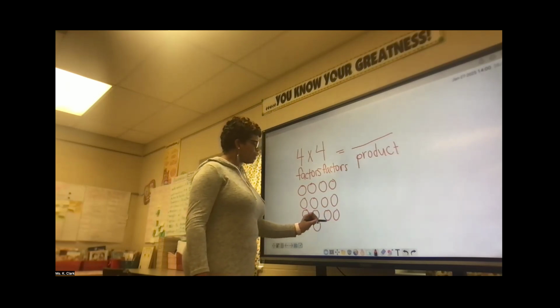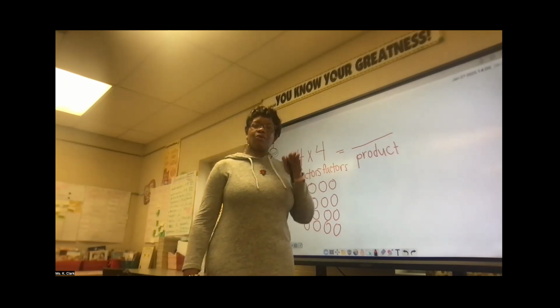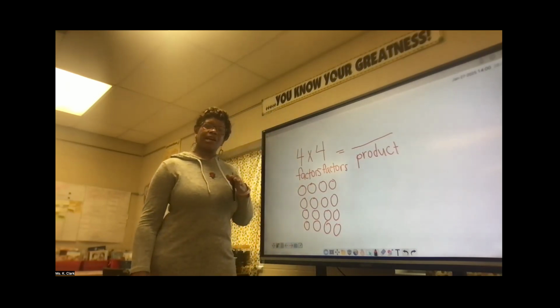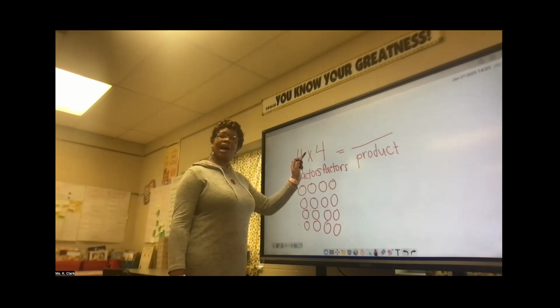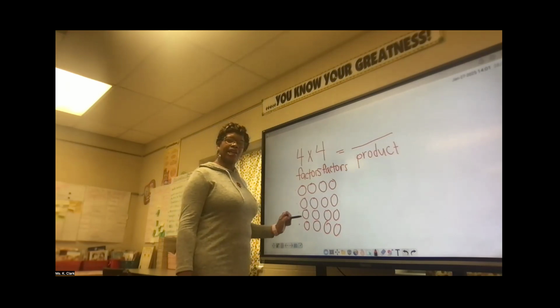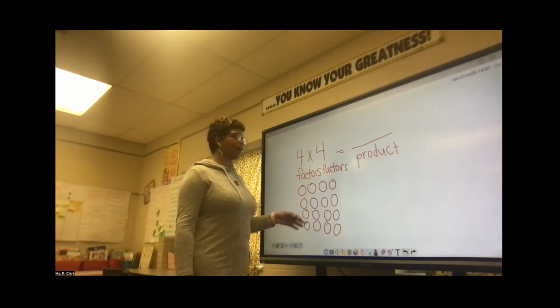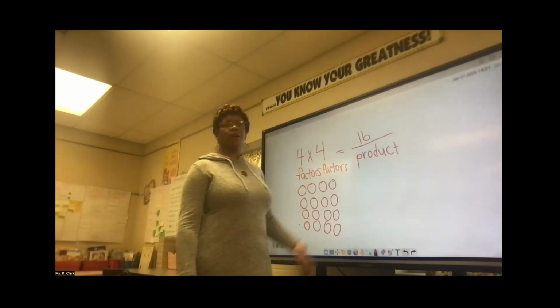An array is when I have an equal number of objects in the same row and the same column, right? So I have 4 times because I did 4 times 4, right? And I can count by 4: 4, 8, 12, 16, or I can count them individually, right? So 4 times 4 equals 16, okay?